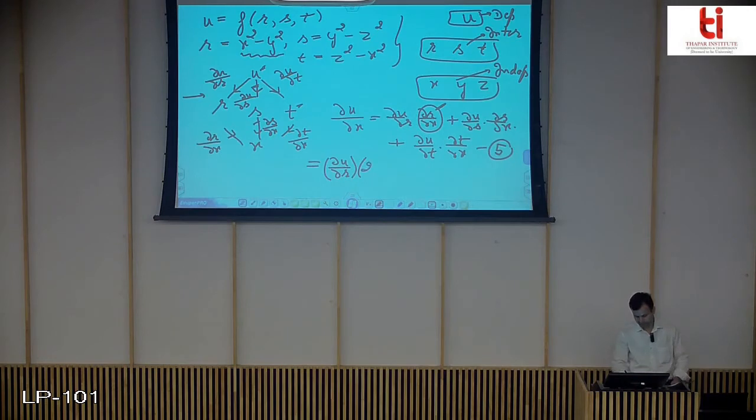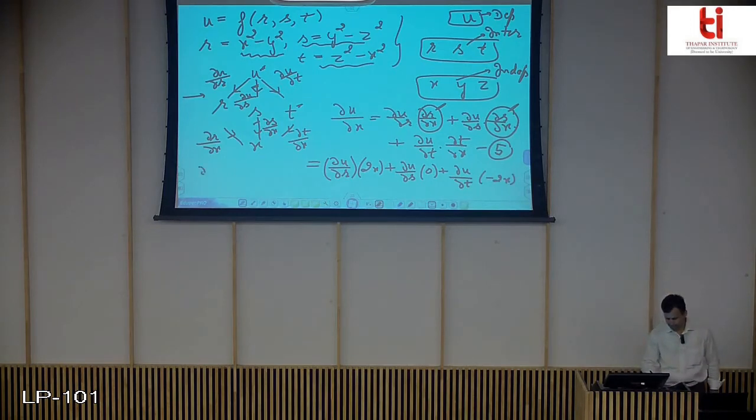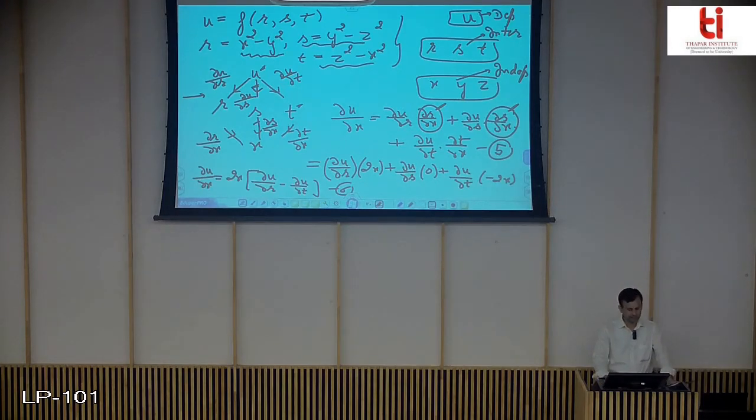It is 2x, plus del u by del s by del x, that is 0, plus del u by del t by del x, minus 2x. So you get del u by del x equal to 2x times del u by del r minus del u by del t. This is equation number 6.